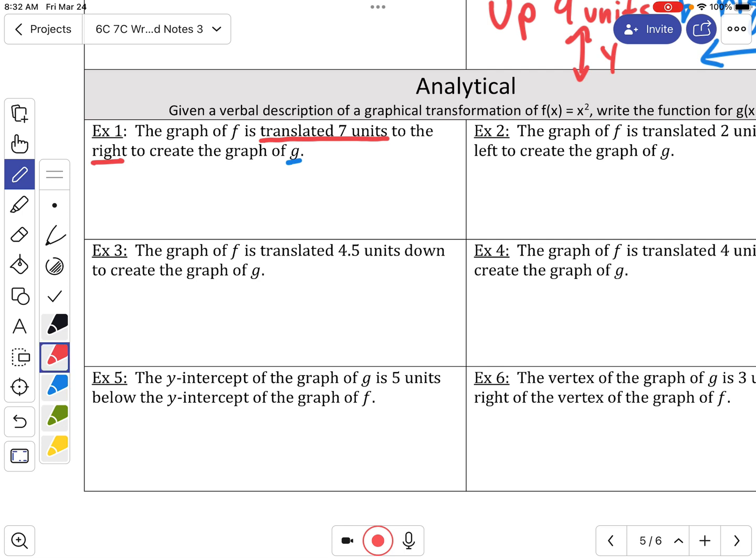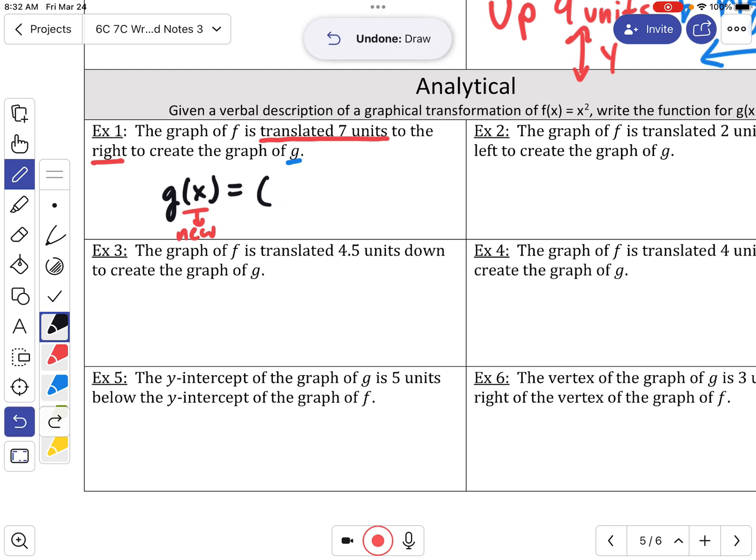So now we're writing the equation. Because we are writing a new equation, we need to start with g of x. This is new. And our skeleton, so kind of our layout, should look something like this. Or it could look like this.